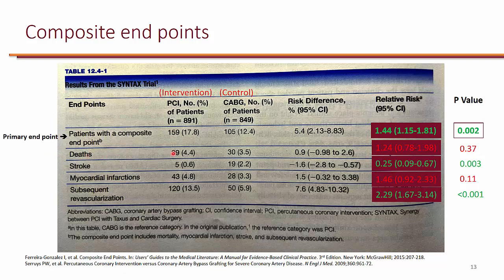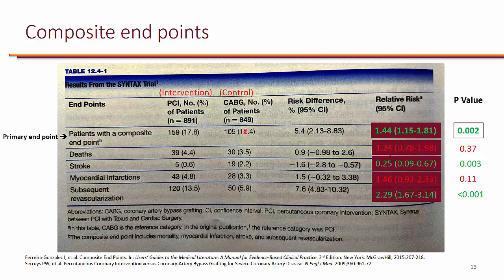When you look at the number of deaths in each group, the rate of death in the intervention group was 4.4%, versus 3.5% in the control group. And if you calculate the difference, 4.4 minus 3.5 gives you 0.9.